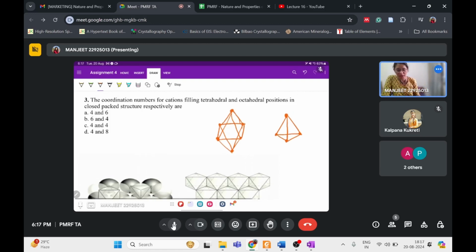So you have to connect if the cation is filling the octahedral. This is the tetragon. Now your atom is sitting here.